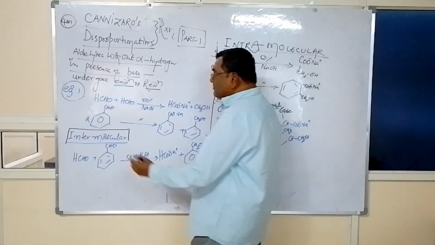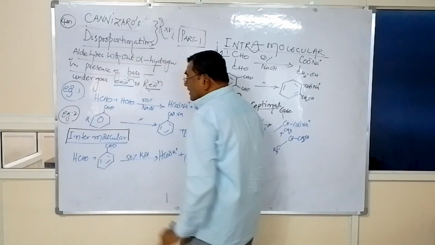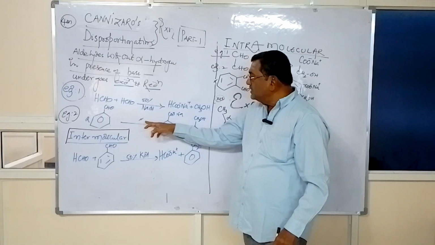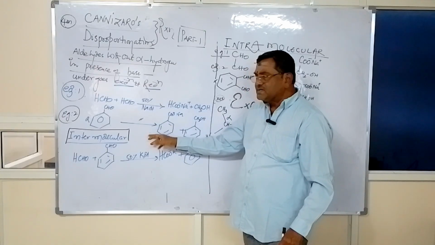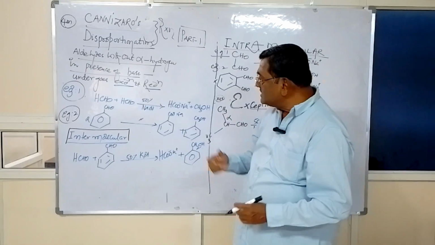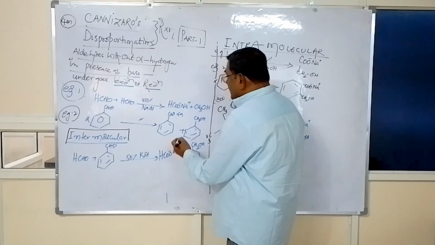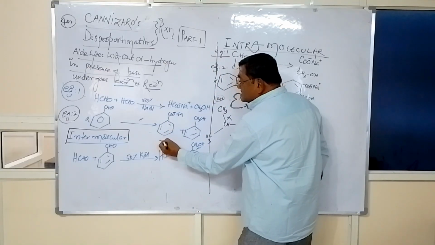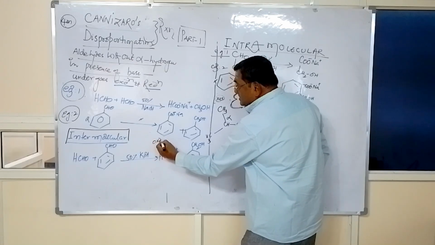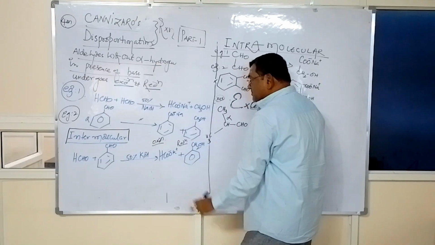And the second example we are taking, our best friend, benzaldehyde. When you take benzaldehyde, it undergoes disproportionation in the presence of 50% base concentration. That also gives rise to two products. One undergoes oxidation; the acid is the oxidized product, whereas the alcohol is the reduction product.